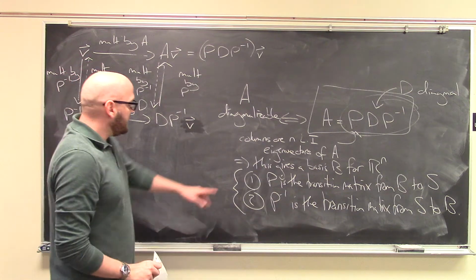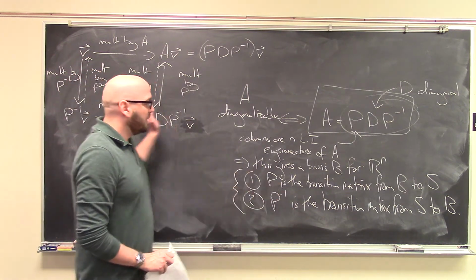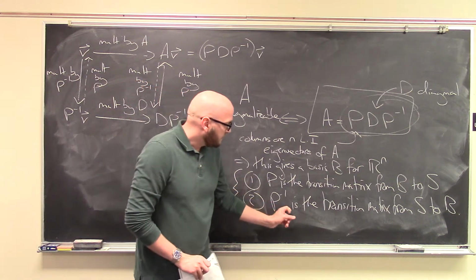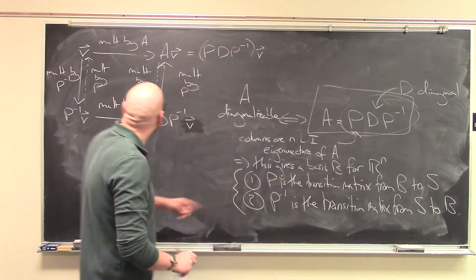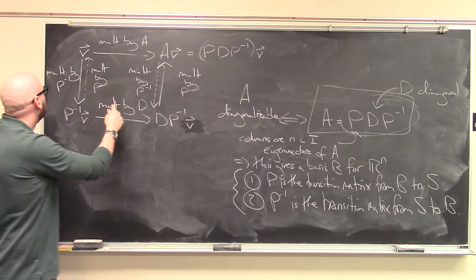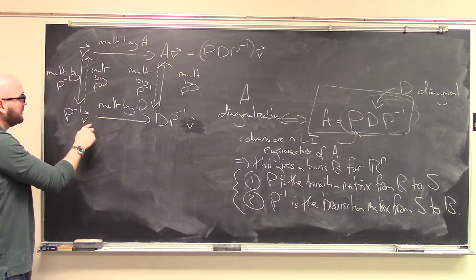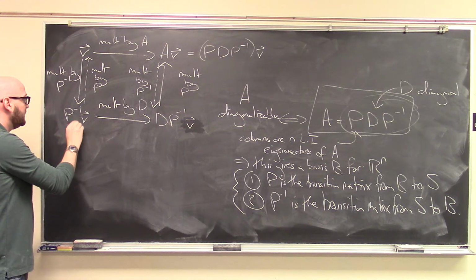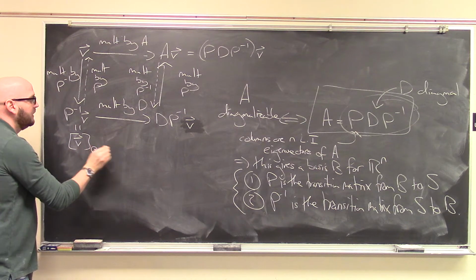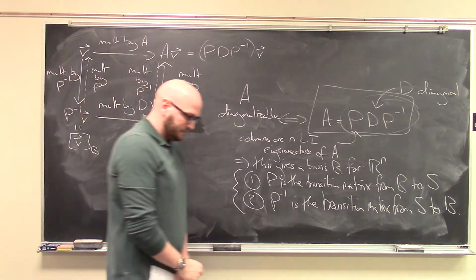But these new observations give us a different perspective on what's happening. P inverse is the transition matrix from S to B. So when I took V in standard coordinates and multiplied by P inverse to get P inverse times V, that's actually the same as V in B coordinates.